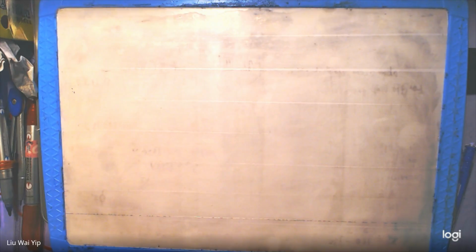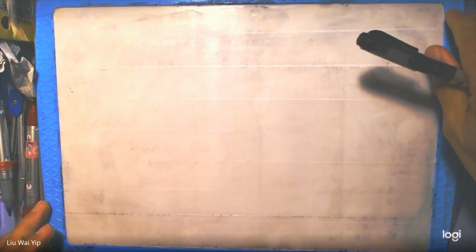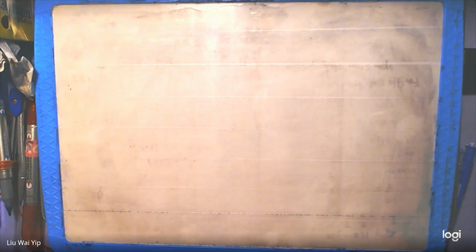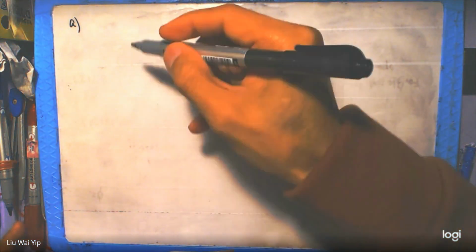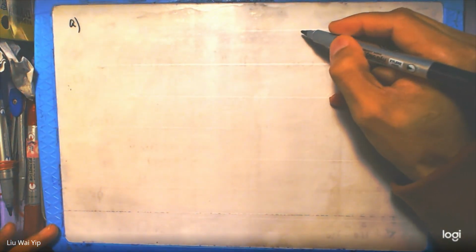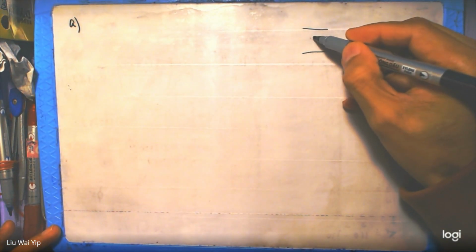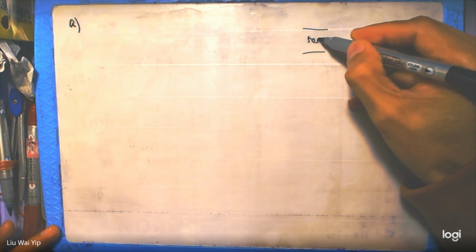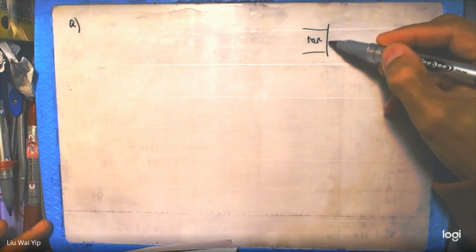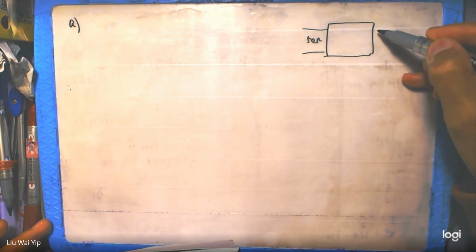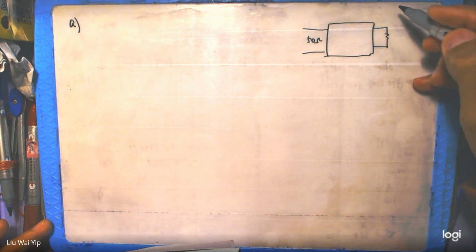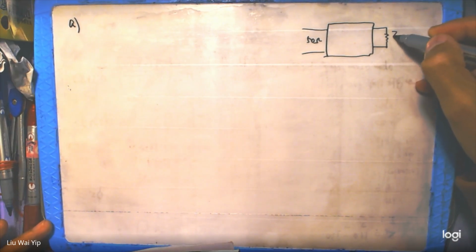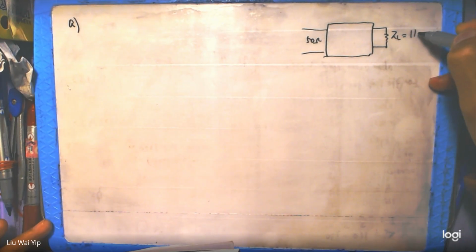So part A. You have a 50 ohm line and you need a quarter wave transformer to match it to a load ZL equal to 115 ohms.